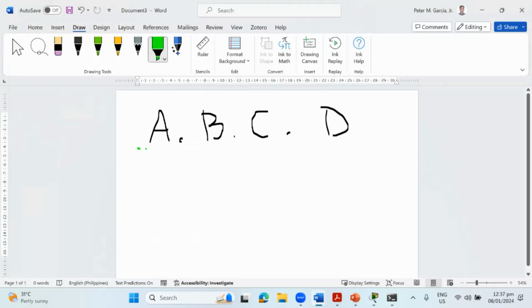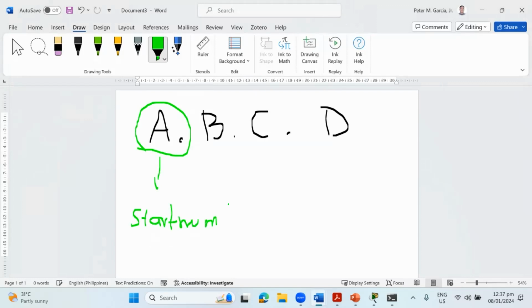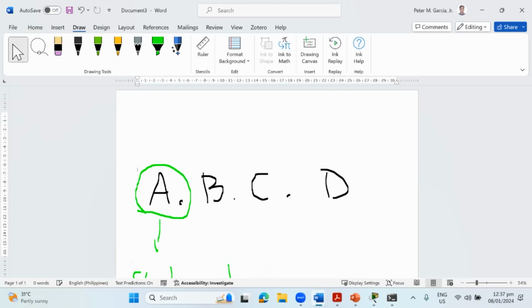Tatandaan nyo yung starting number. So sa part na yan, that will be our starting number. Dyan ma-determine kung anong class siya belong, kung class A, class B, or class C.